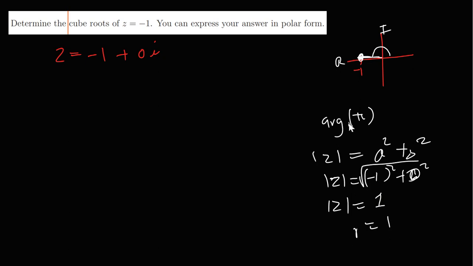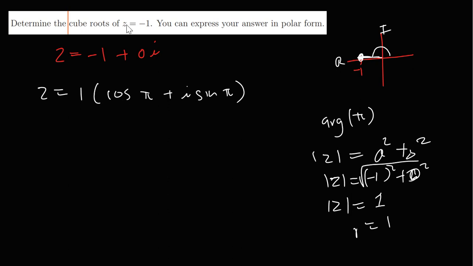We do have the argument, so we can write it in the format of z is equal to r, which is 1, open cos, the argument we just agreed that it is pi, plus i sine pi again.